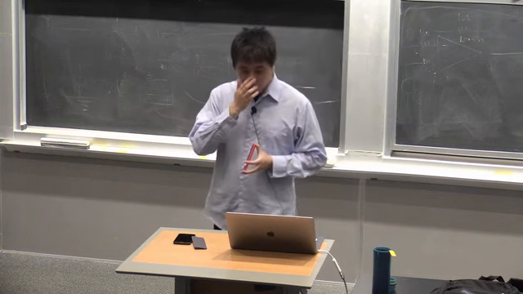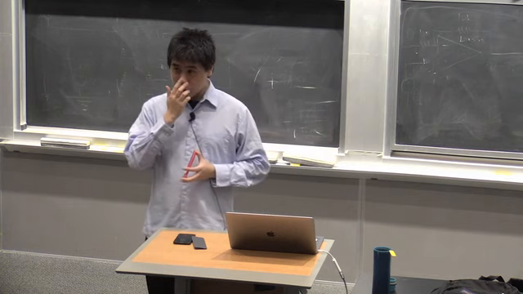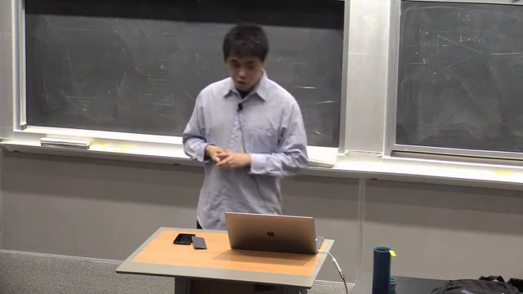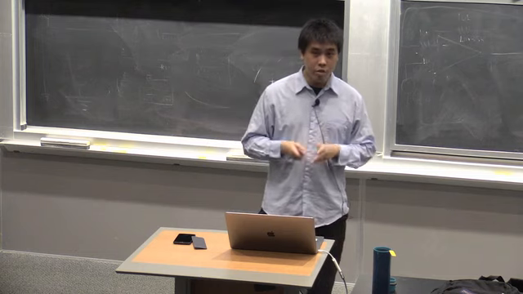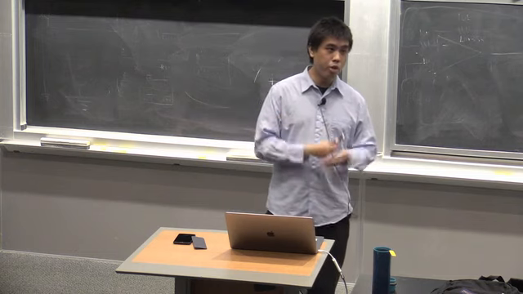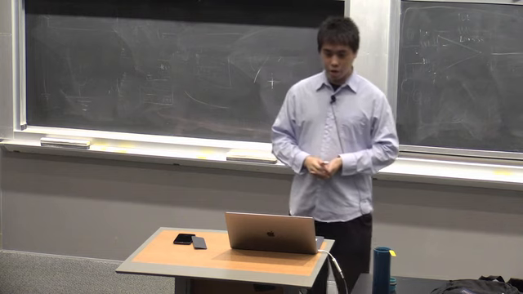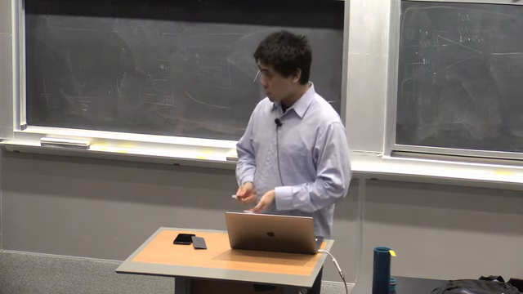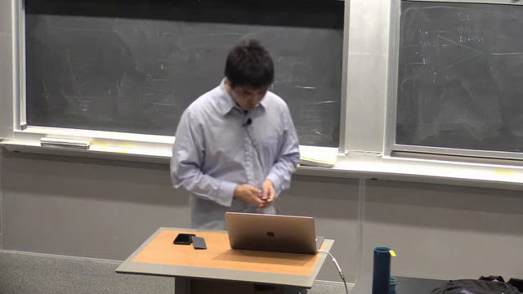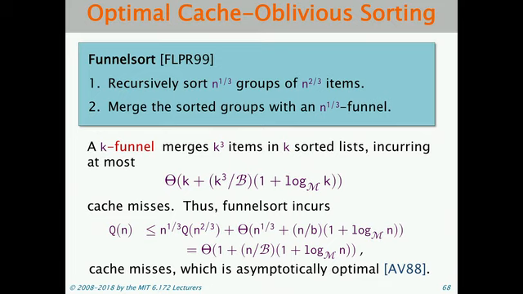The problem with this algorithm is that it's not cache oblivious. We have to tune the value of R for our particular machine. And even when we're running on the same machine, there could be other jobs running that contend for the cache. It turns out that there are several cache-oblivious sorting algorithms. The first one developed was in a paper by Charles Leiserson, and it's called funnel sort. The idea is to recursively sort n to the 1/3 groups of n to the 2/3 elements, and then merge the sorted groups with an n to the 1/3 funnel.